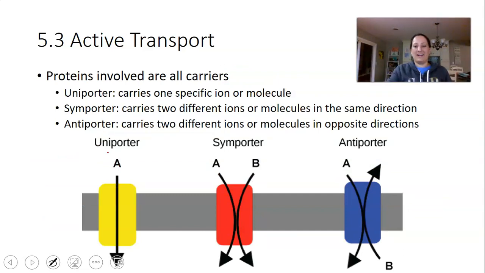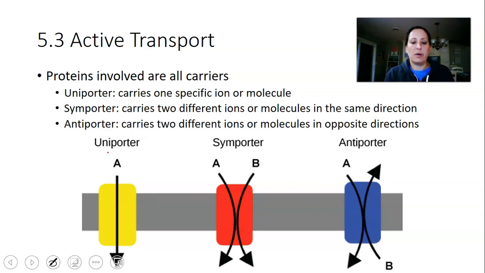Oh, wait, before we get there, let me show you these. So all of the proteins involved in active transport, whether it's primary active transport or secondary active transport, they're all going to fall into one of these three categories. So we have pumps that are uniports. A uniporter protein is going to carry one specific ion or molecule across the membrane.